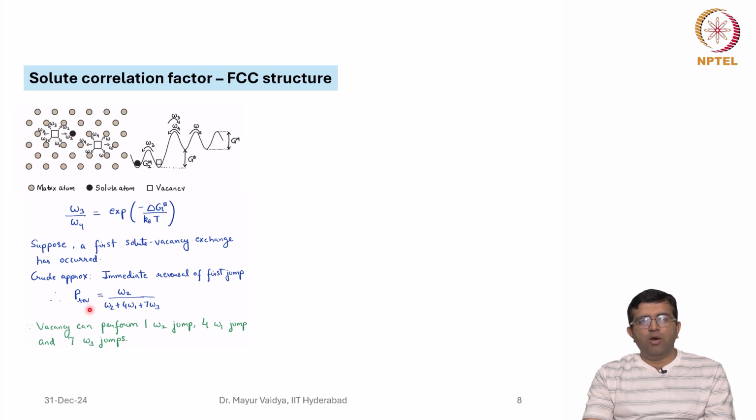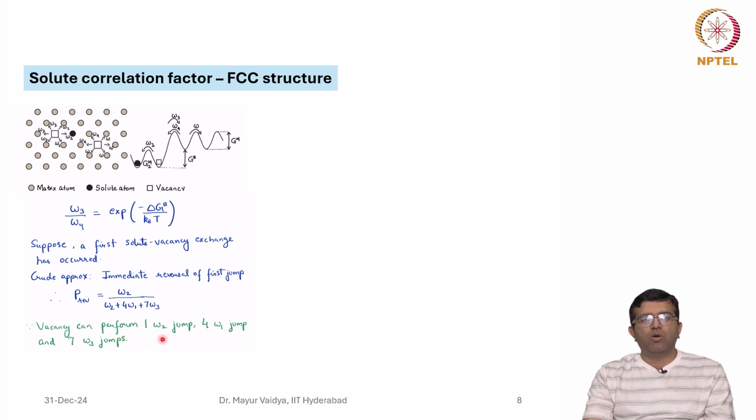The probability of reverse jump is written as omega 2 divided by omega 2 plus 4 omega 1 plus 7 omega 3, because the vacancy can perform 1 omega 2 jump, 4 omega 1 jumps, and 7 omega 3 jumps. Remember, 1 plus 4 plus 7, that is 12, is the total coordination number for FCC.